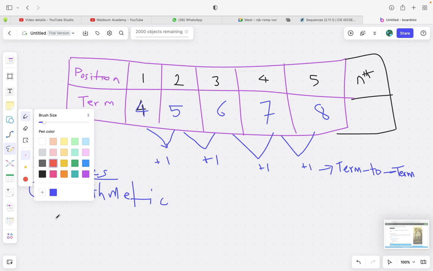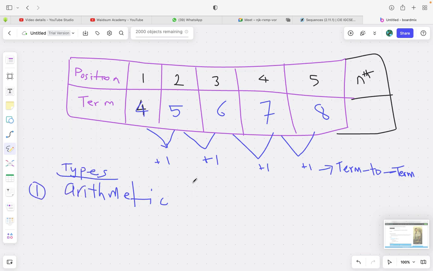Now let's take another type of sequence that we may look at. Another type of sequence is called the quadratic sequence. This is when the first difference is not common to all.